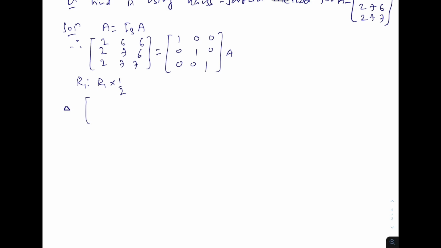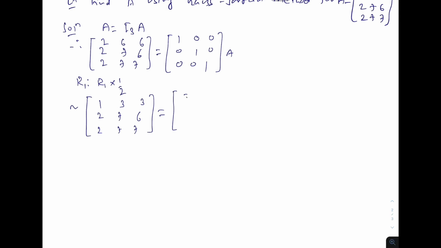So we get 1 3 3, 2 7 6, 2 7 7 and here also divide by 2.